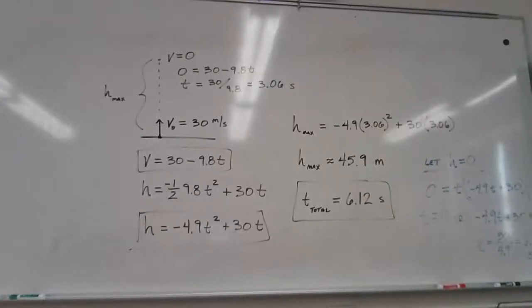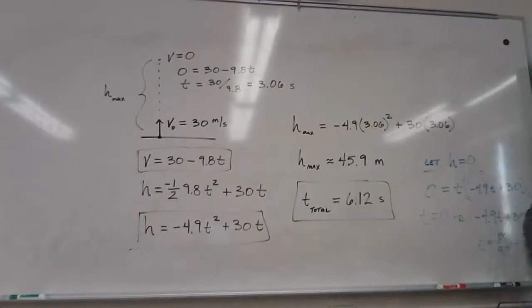And then lastly, how fast is the projectile traveling just before it hits the ground? About 30. Again, this is neglecting air resistance. So say you weren't convinced. You're like, oh, are you sure it's 30?